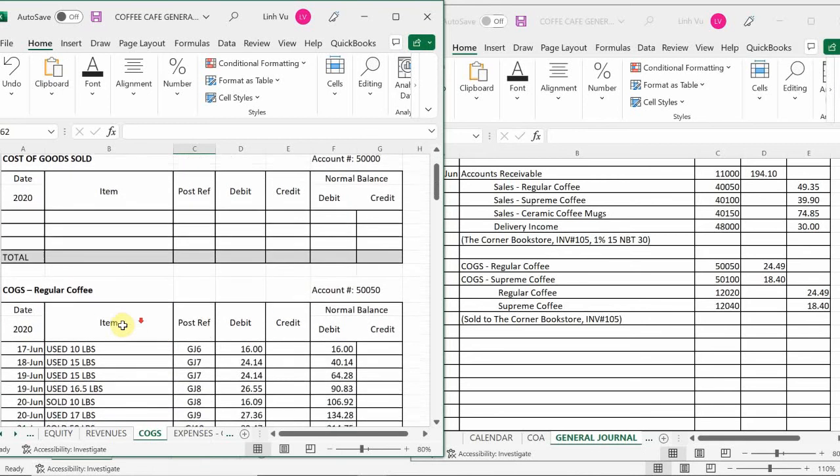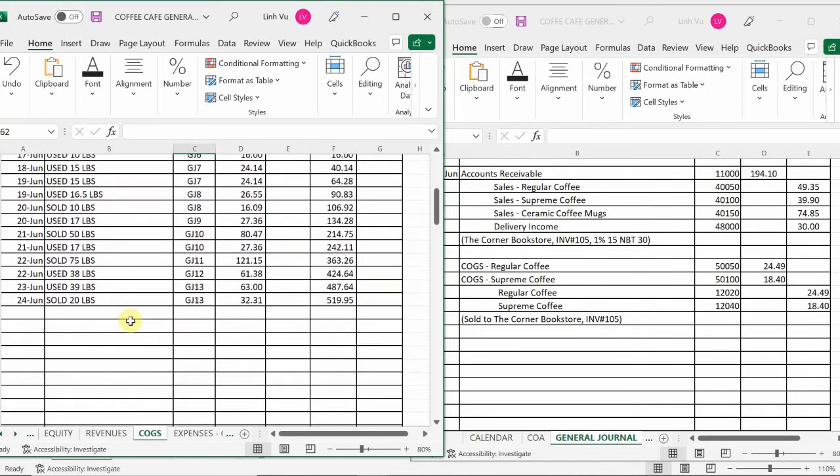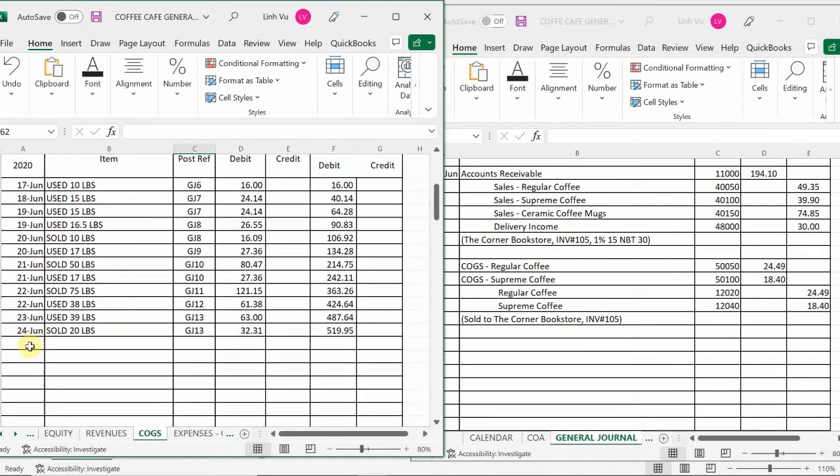Okay, so cost of goods sold. We sold 15 pounds. Okay, 34.49.